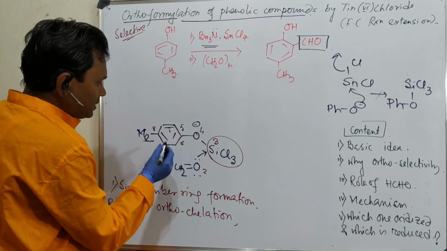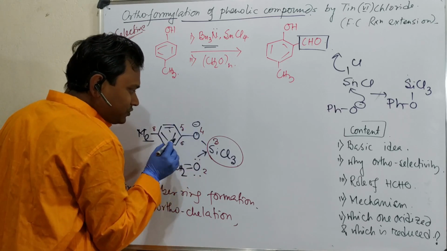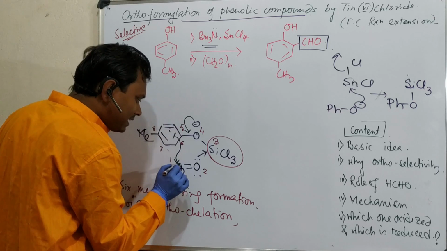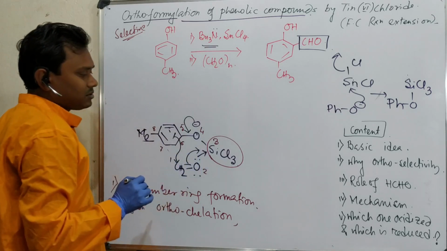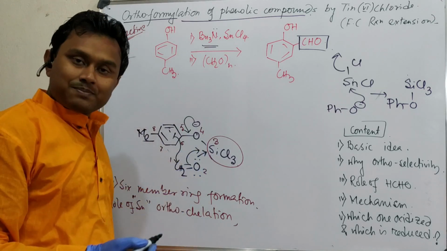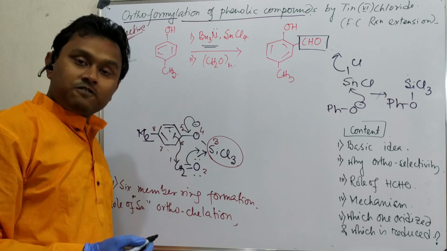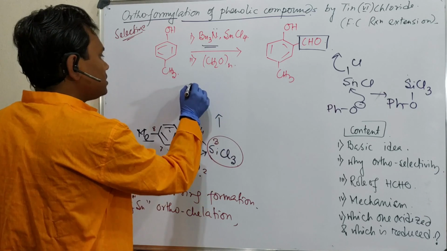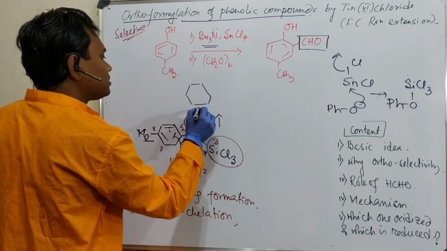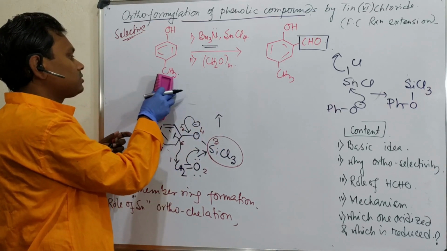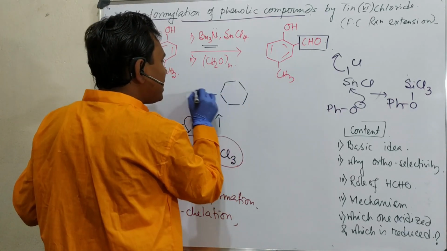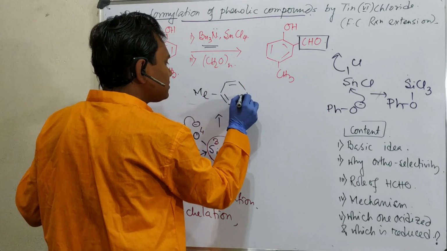What happens is that this negative charge pushes here, this goes and attacks. Tin can accept electrons because of energetically vacant d orbitals. So what is the consequence? This methyl group remains as it is.